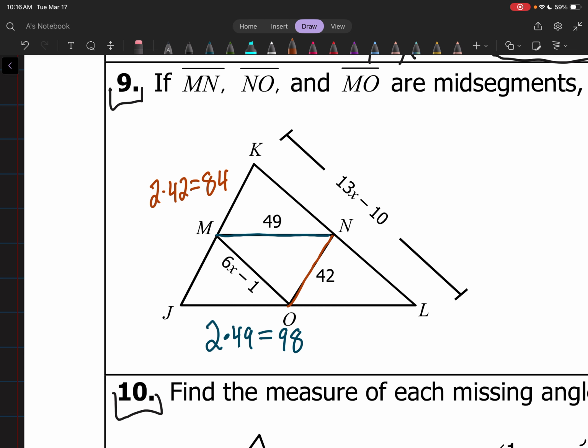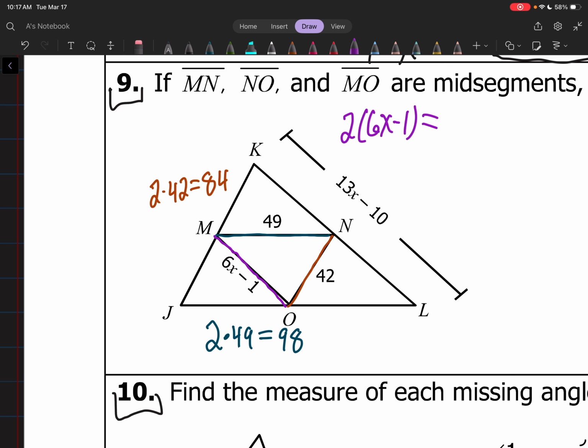Now to find KL is going to be a little bit trickier, just by a little bit, and the reason is I have an equation I have to use. I can find KL by doing 2 times 6x minus 1.